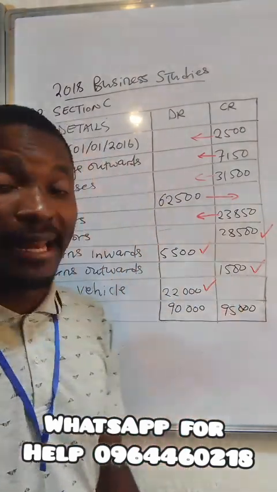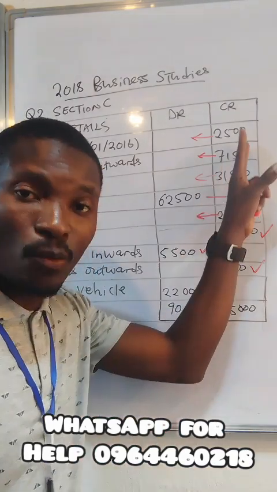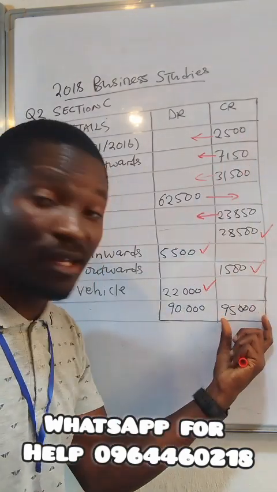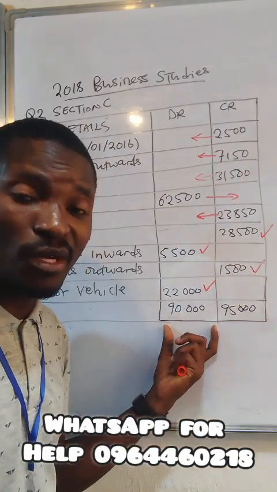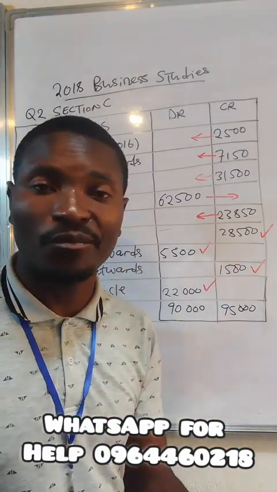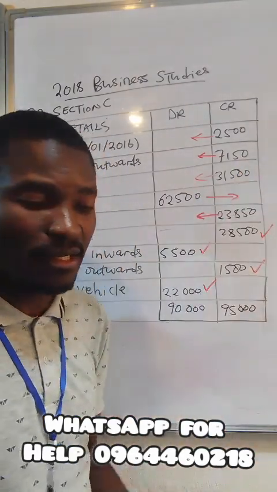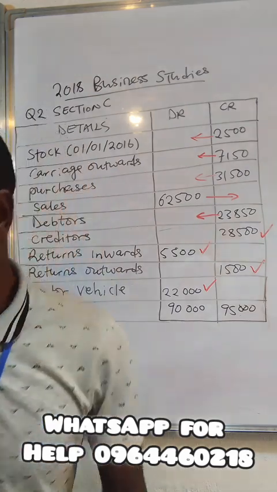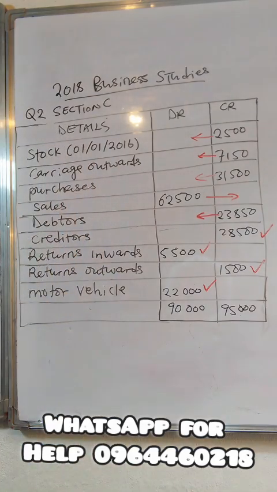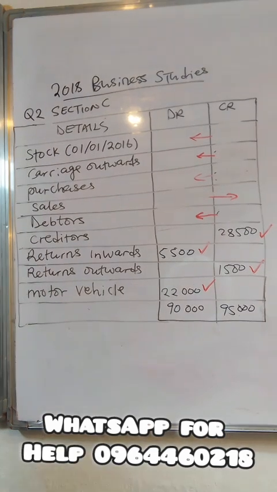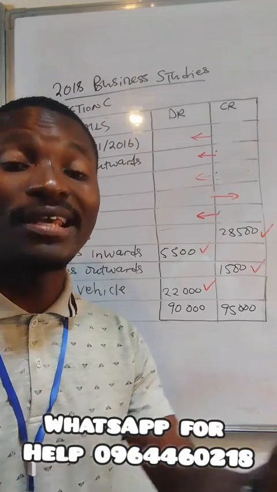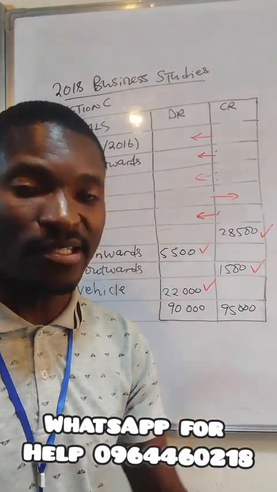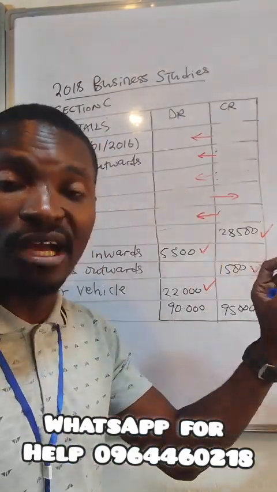Now, once you add what is on the debit side, you find that it's 95, more than what is on the credit side. So some entries were wrongly made, and this is what you are correcting. So what you're supposed to do is now, I'm just going to redo that. Okay, so now we are going to correct it by writing those figures on the correct side.